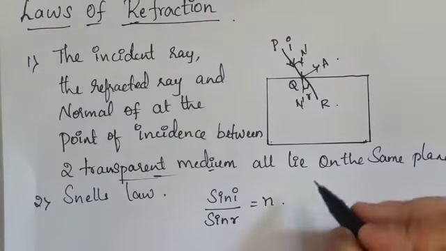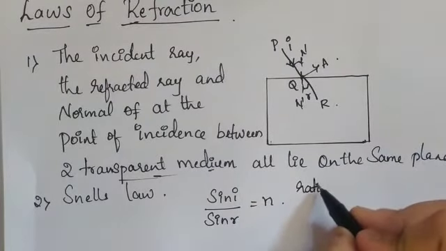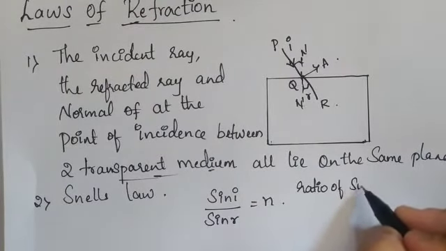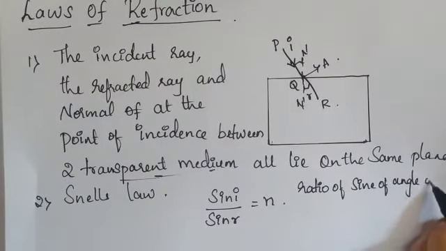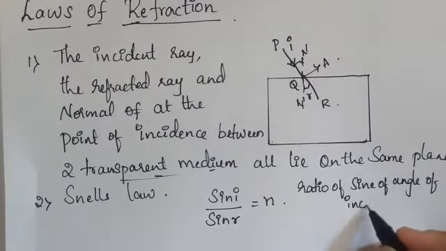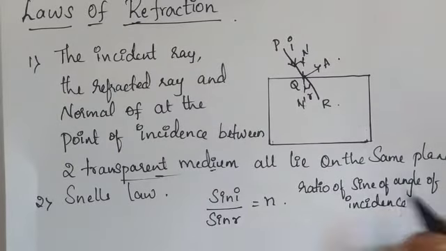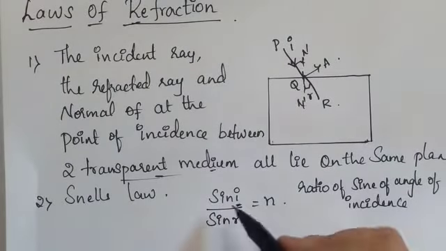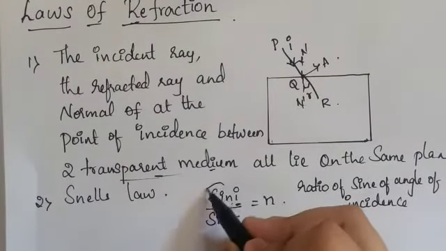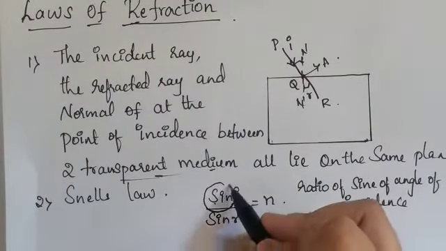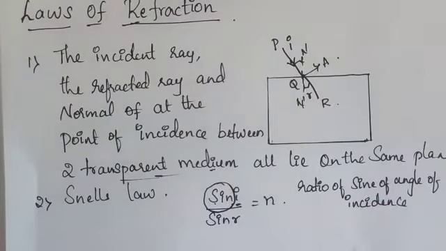I'll repeat it. Ratio of sine of angle of incidence, angle of incidence is I. Sine is from trigonometry, where you get sine, cos, tan and all.